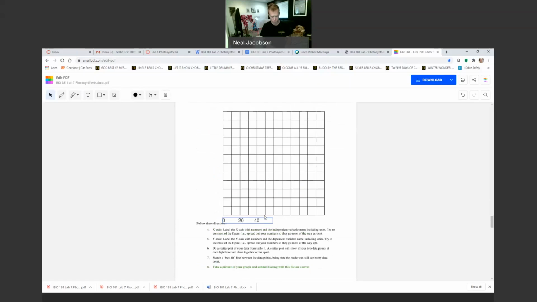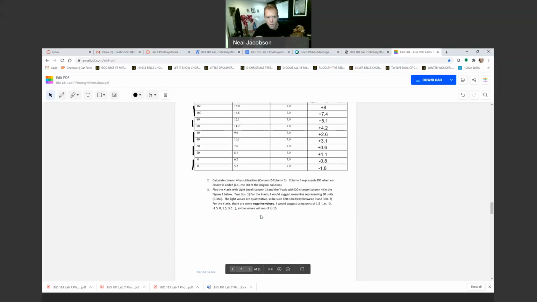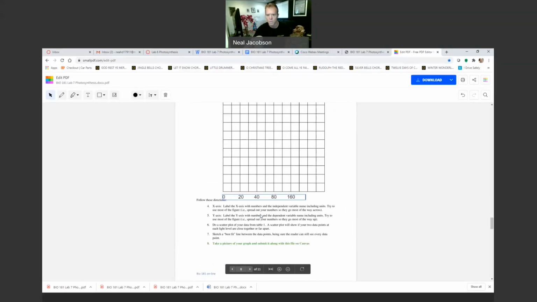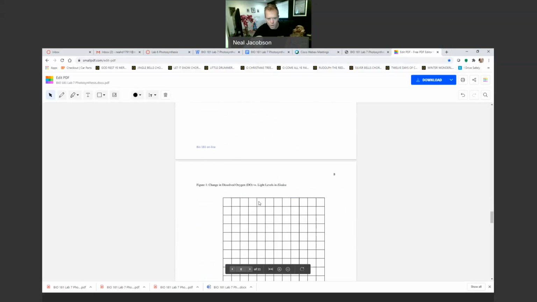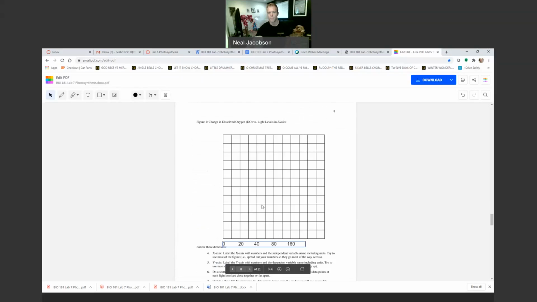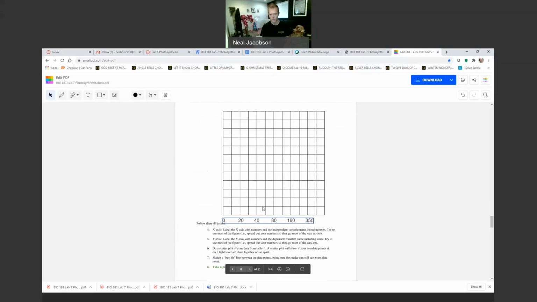Skip 2, 80. Skip 2, 160. And then 20, 40, 60, 80, 160. And then, why am I drawing a blank here? 350. Yeah, so that's my x-axis right there. Boom. I have them spaced out pretty good.